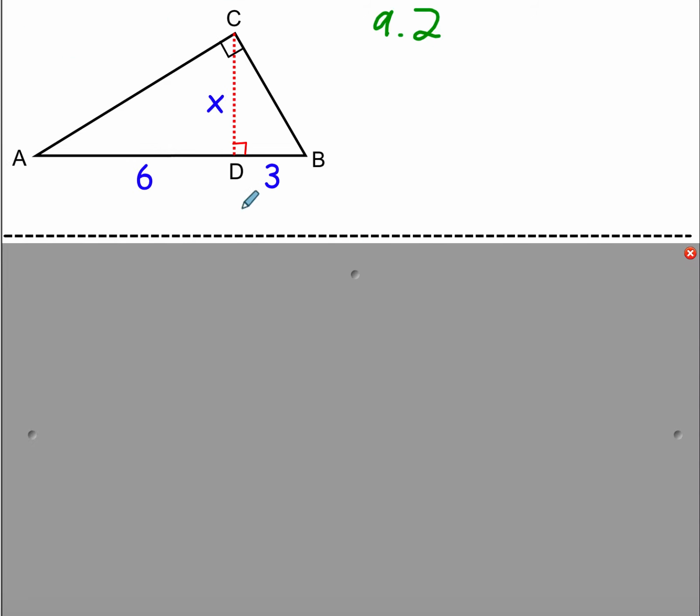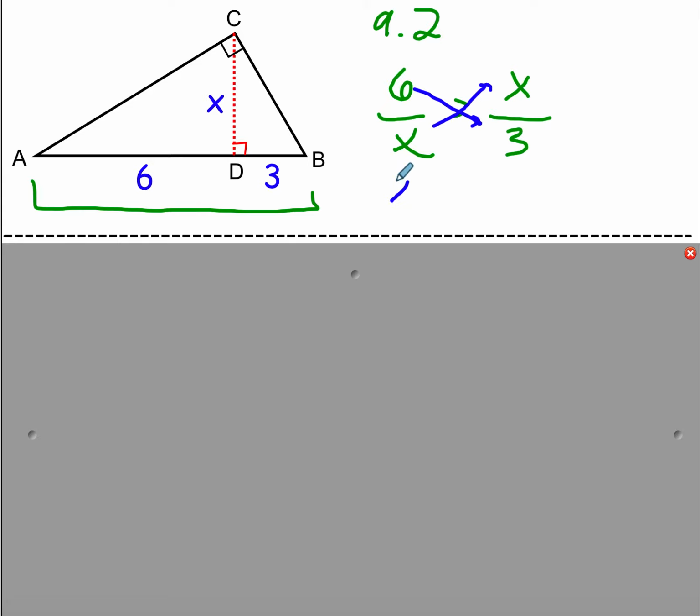Okay, so here we would set this up like this. We have a proportion. The length of the altitude we know is x, so we put that here and here in our proportion. And the whole hypotenuse would be 9, 6 plus 3, so the two parts of our original hypotenuse are 6 and 3. And then we need to cross multiply to solve this.